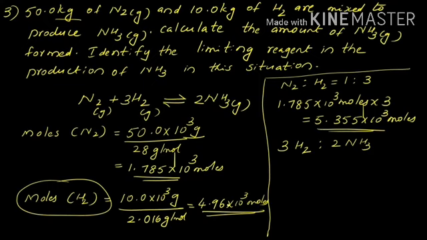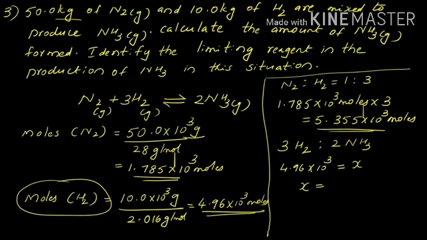But here, how many moles of hydrogen do we have? Here we have only 4.96 × 10^3 moles of hydrogen present. So how much ammonia is produced over here? Let the amount of ammonia produced be x. We can find the value of x by cross multiplication.